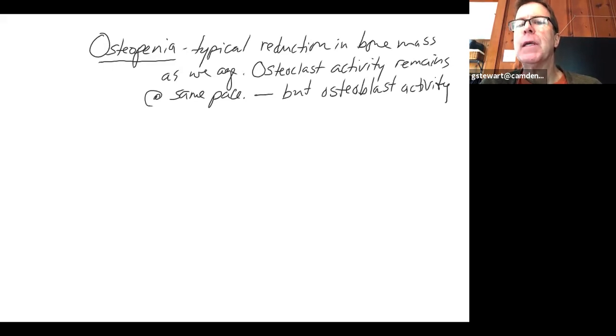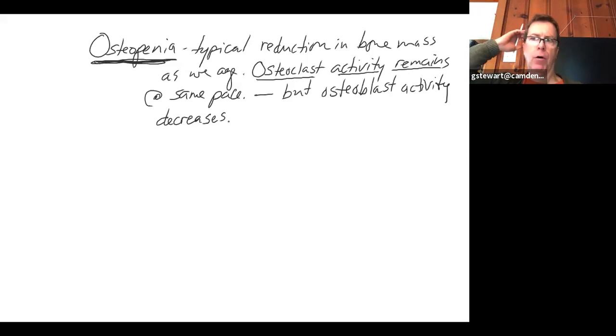So osteopenia, think of this as the normal sort of thinning of bones as we age, and it's because osteoclast activity keeps chugging right along, degrading bone tissue, and osteoblast activity decreases. So we're not making as much new bone as we're removing older bone. It's basically what this means.